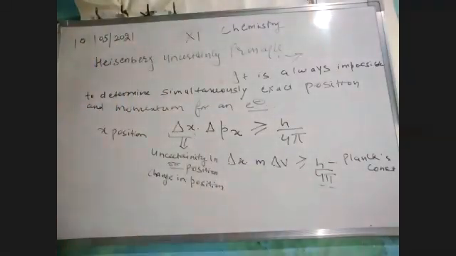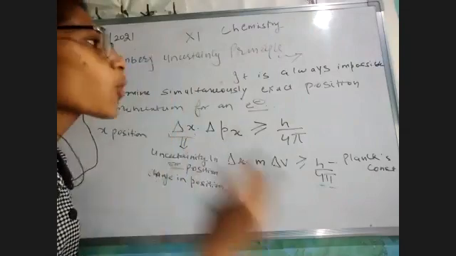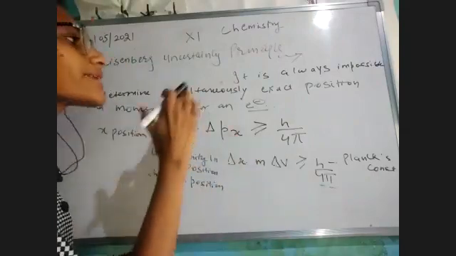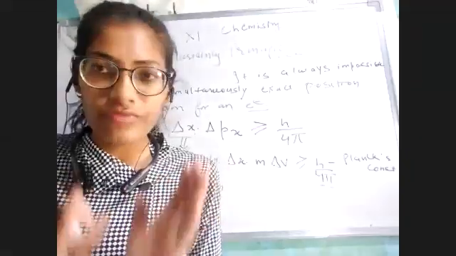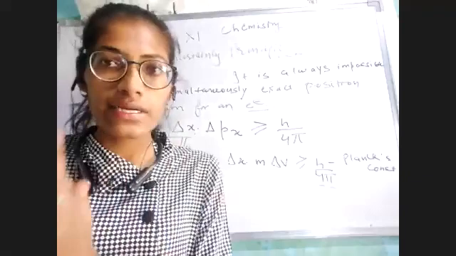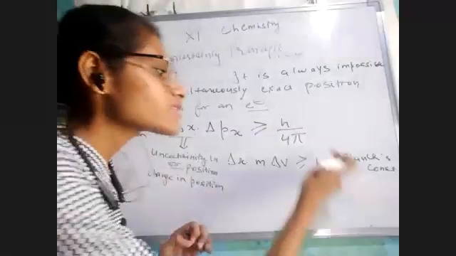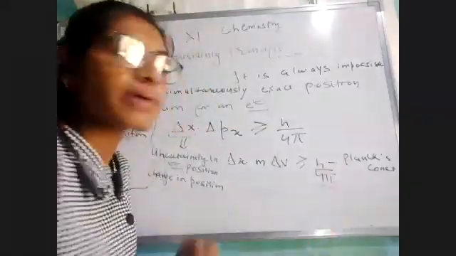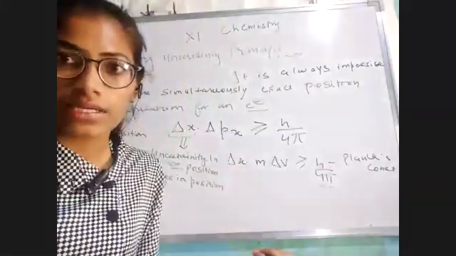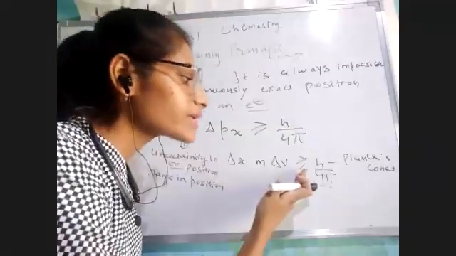I'm again repeating: the uncertainty principle tells us it is always impossible to determine simultaneously the exact position and the momentum of an electron. And we have concluded that due to uncertainty we have put h over 4 pi, because this is also uncertain, and we have put greater than or equal to.